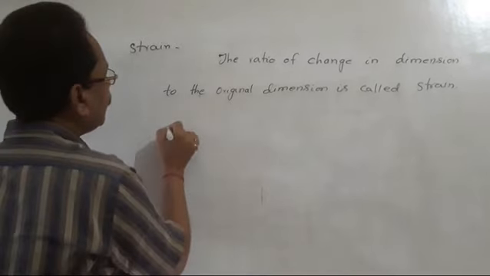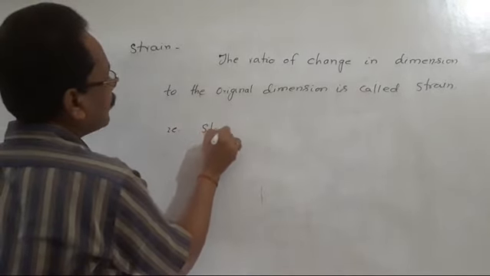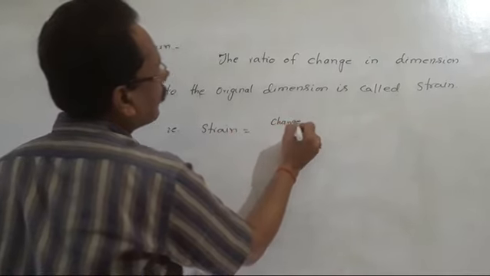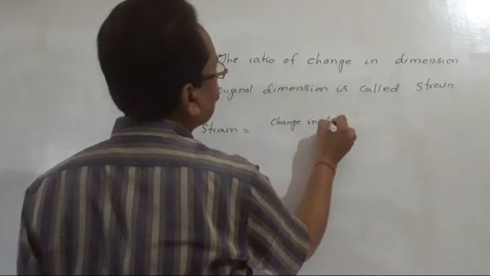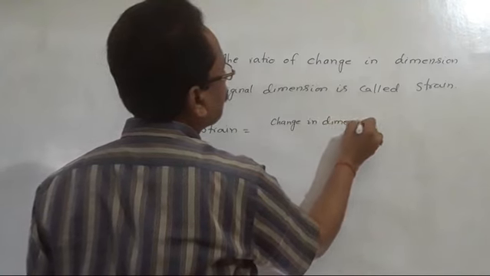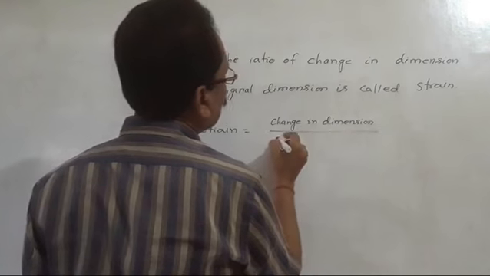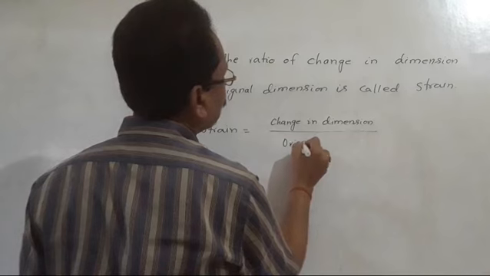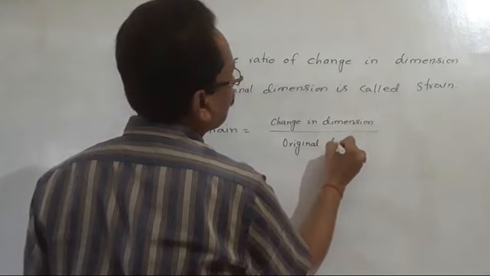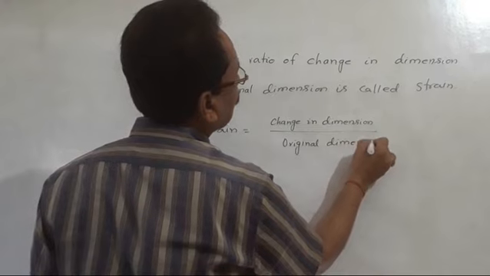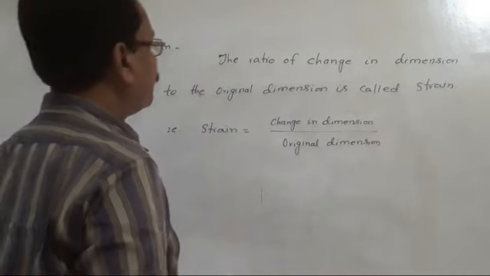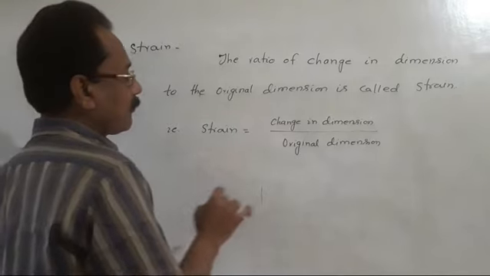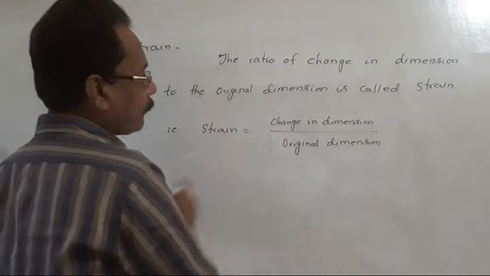So now strain is equal to change in dimension to the original dimension. The ratio of change in dimension to the original dimension is called the strain. Okay?